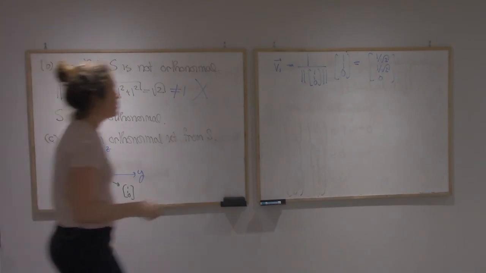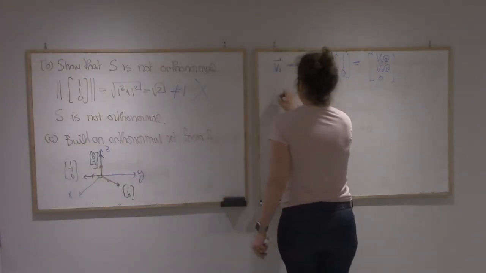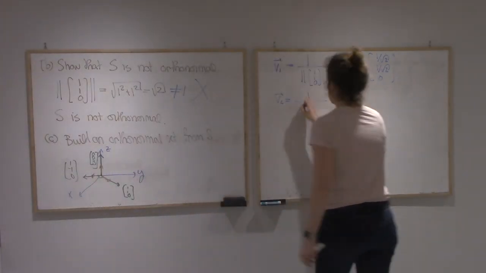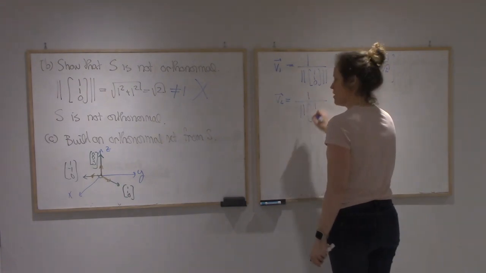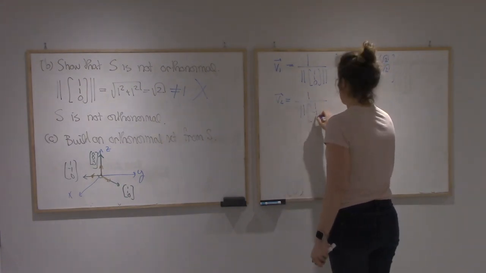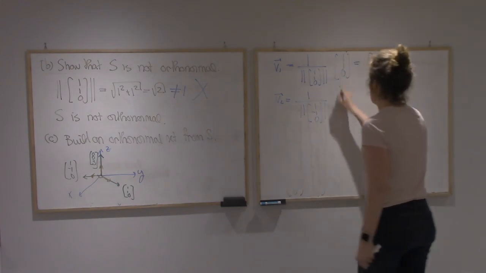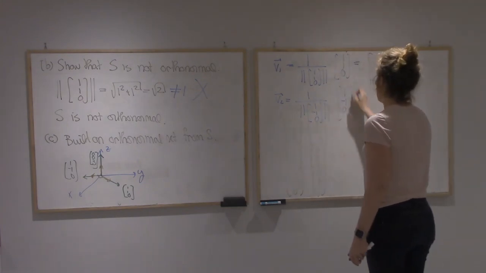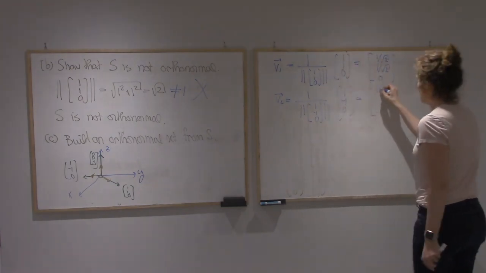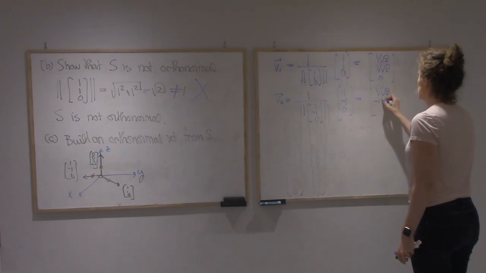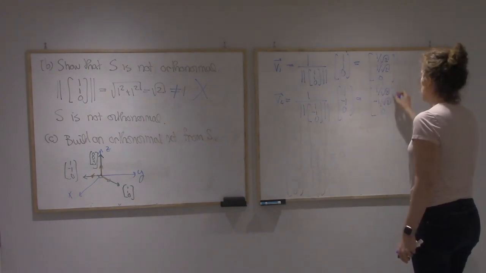Let's do the second one in a similar way. V2 is 1 over its length times (1, -1, 0). And so I'm going to get again (1 over root 2, -1 over root 2, 0).